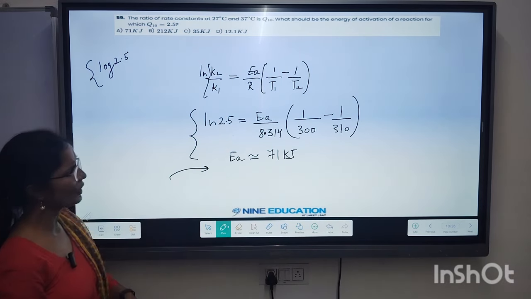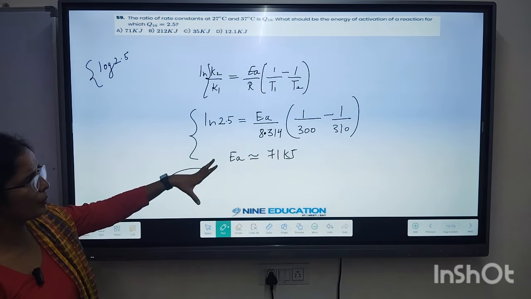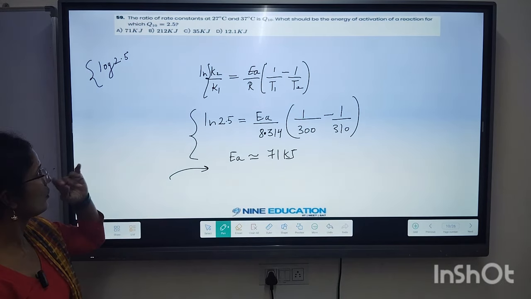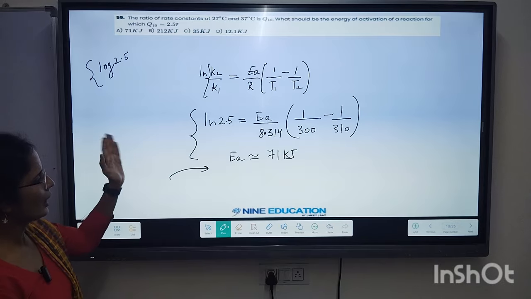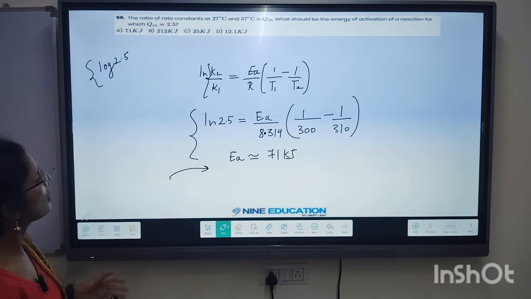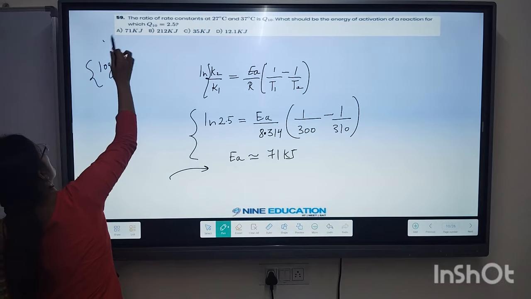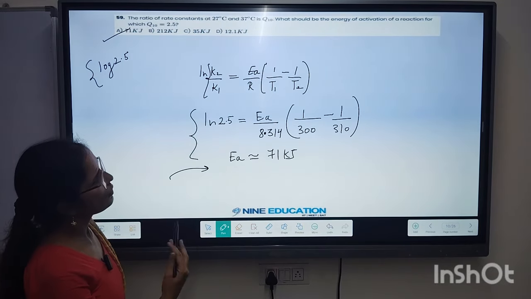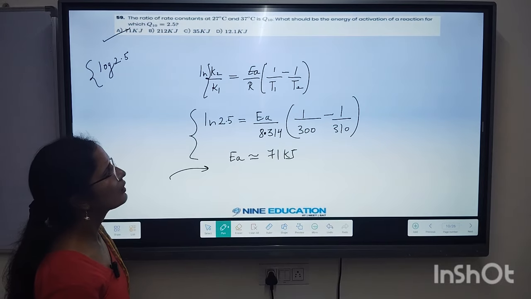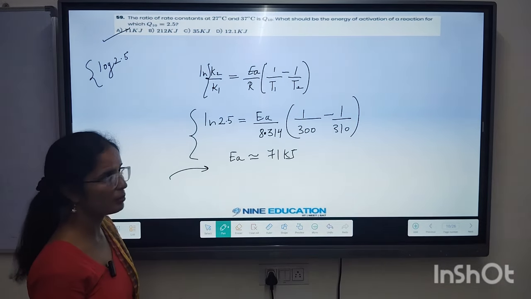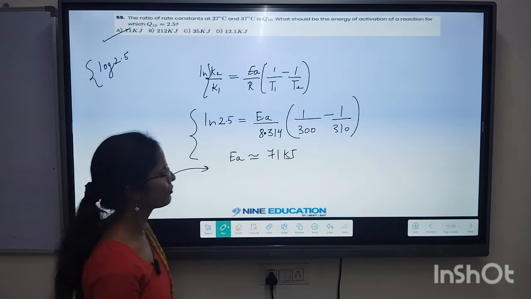Again, whatever EA value you calculate, you will see some big value coming in joule, and I hope you can see in the options, right? All of them are in kilojoule, and anyhow it won't be matching, so simply you will convert joule into kilojoule. So the correct option will be A. And again, by seeing the question, try to understand what could be the formula relating the given information and apply it, so you will get the answer, but you will require log 2.5 for this.